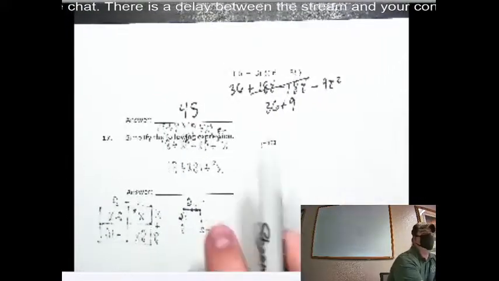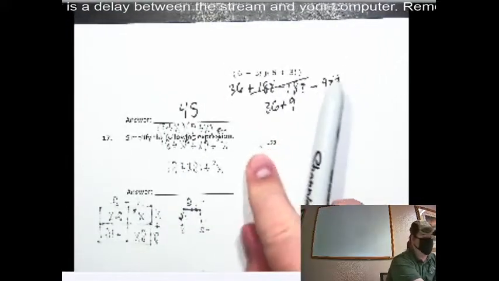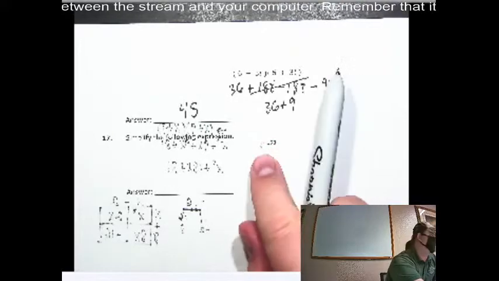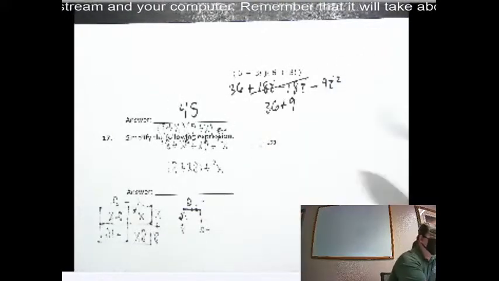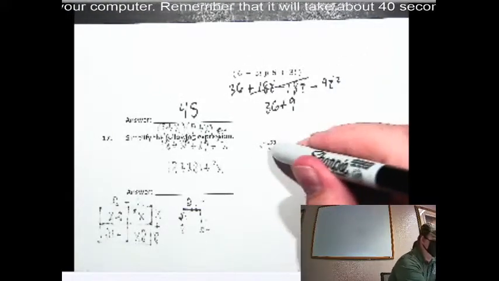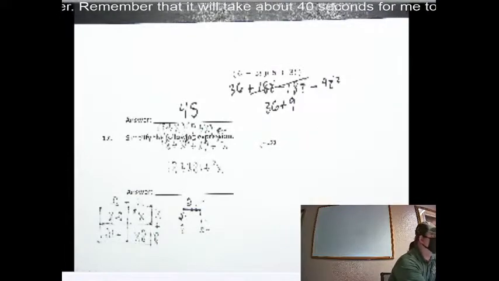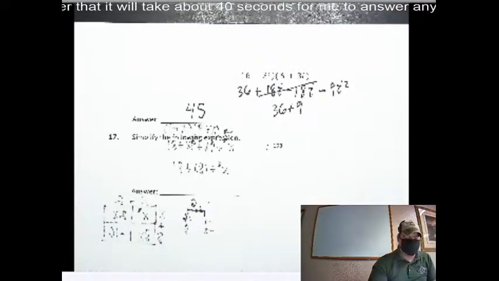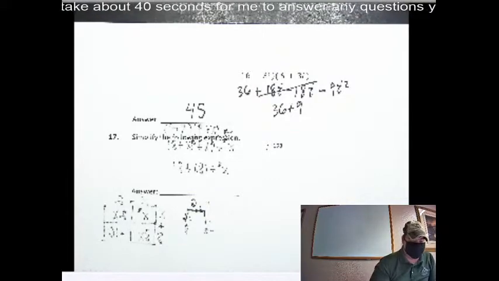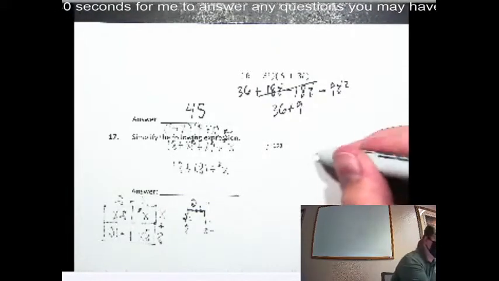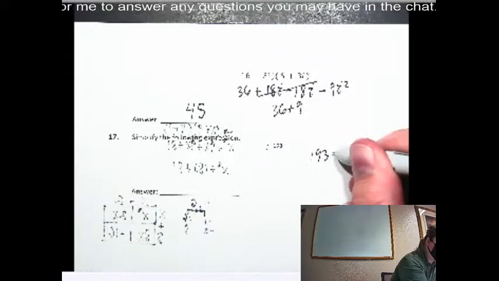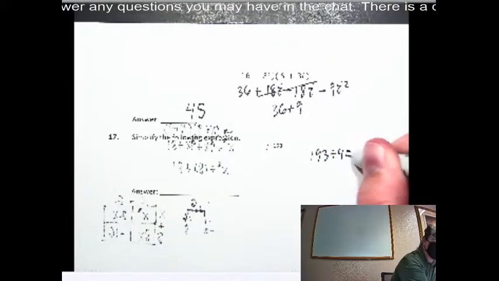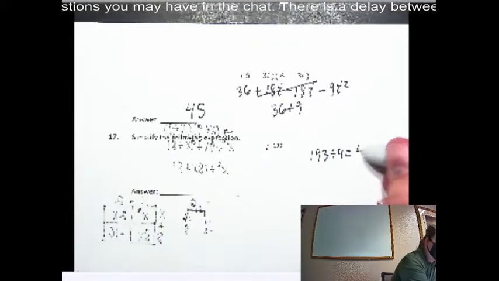So if we are faced with something like this where we want to find out what value this lands on, what we do is we take 193 and divide it by 4. So 193 divided by 4 gives us 48.25.